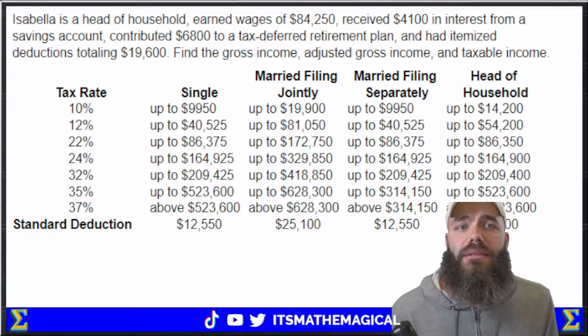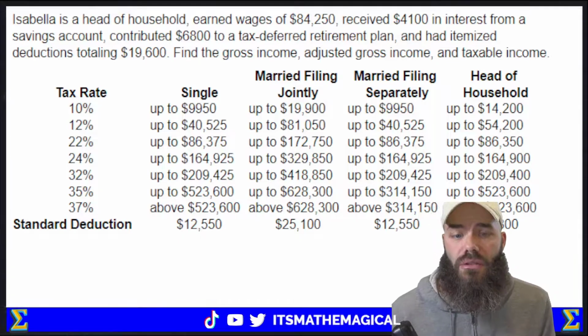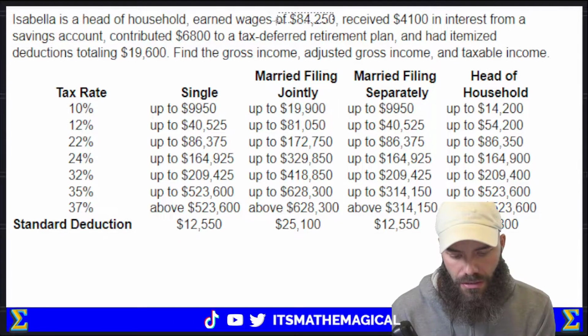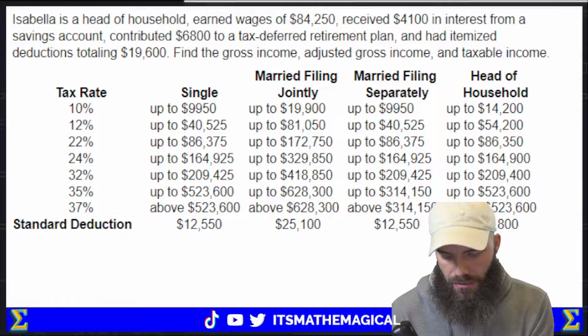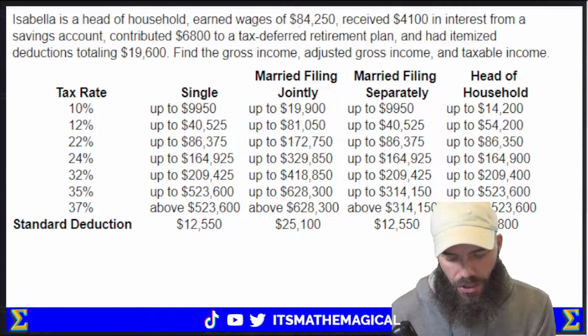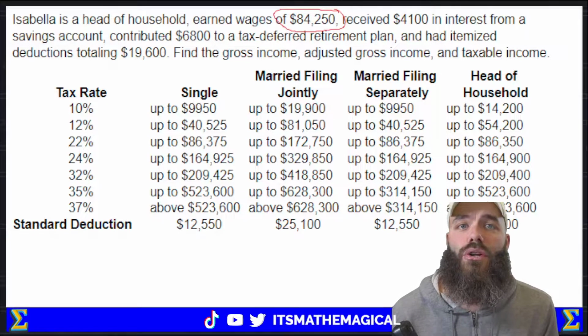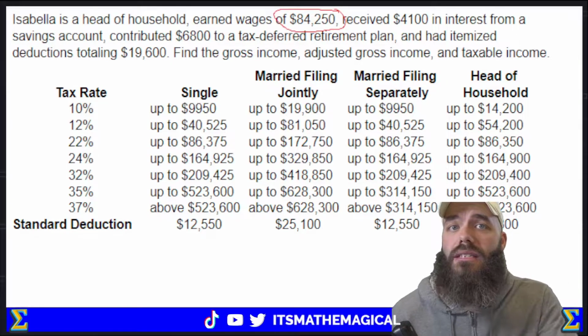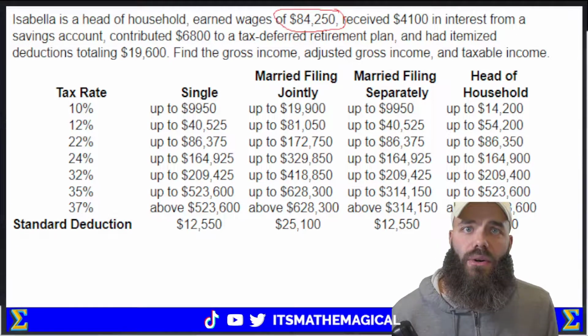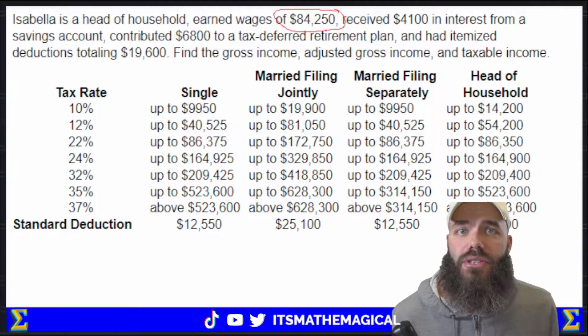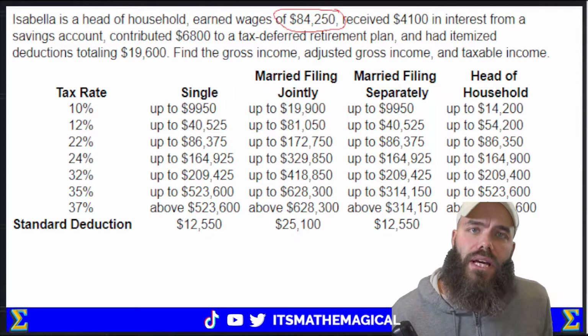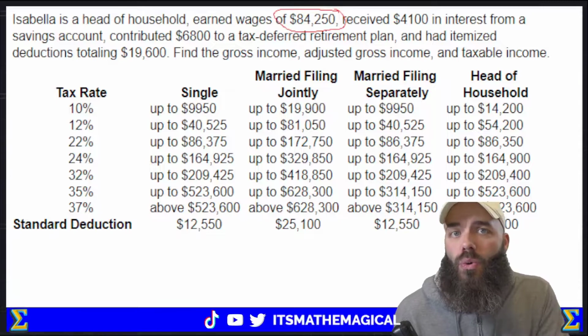So Isabella, to find her gross income, she's going to take her earned wages of $84,250, as well as what her savings account has given her in interest. So she has earned an extra $4,100 on her savings account.